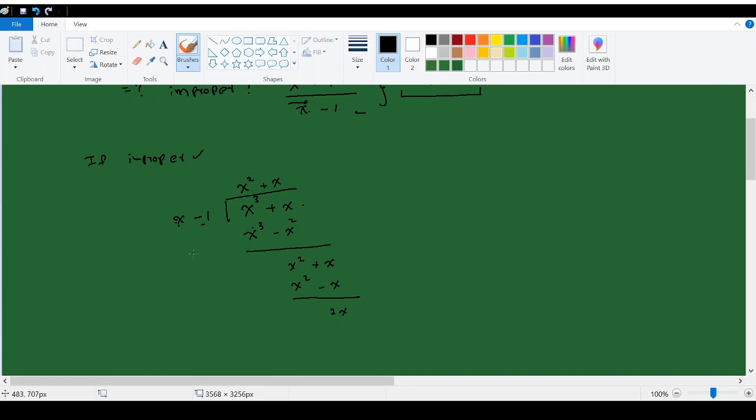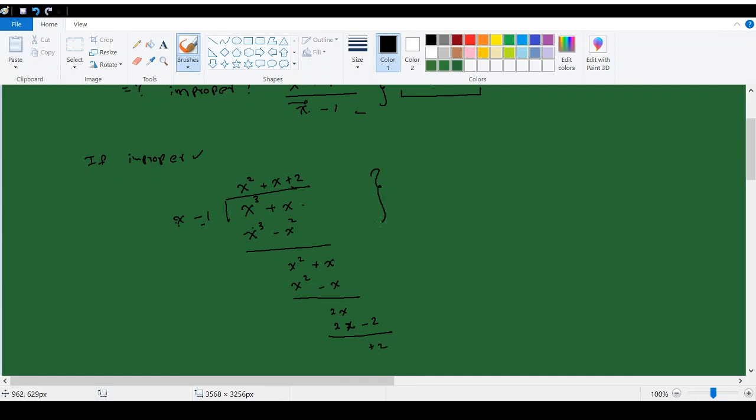In order to form a 2x term we need a plus 2 on the top, so plus 2 with this x will form 2x, and this with plus 2 will give you negative 2, and when you subtract these two things we will have plus 2.